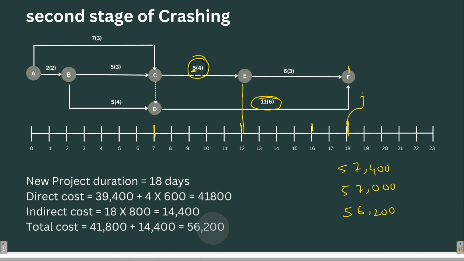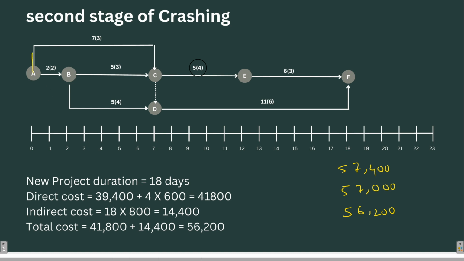Now observe that all the paths have become critical. In all the paths, there is no float anywhere present. So whatever path you choose, it is a critical path. In total, there are 5 critical paths now. Let's see what the critical paths are.